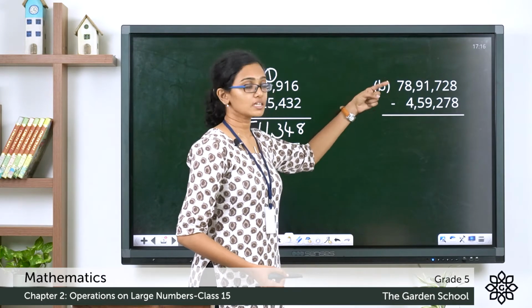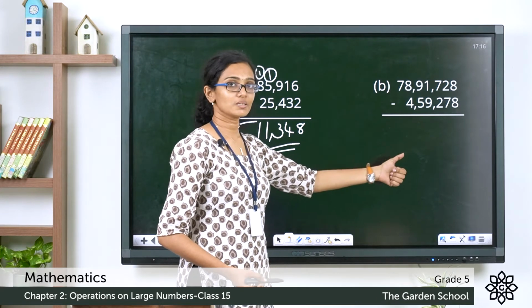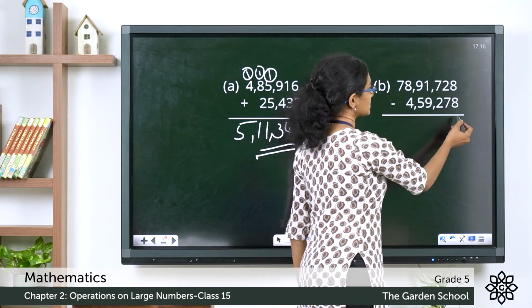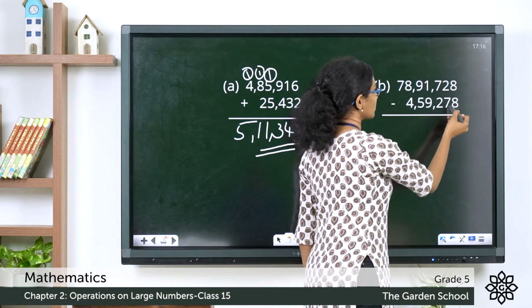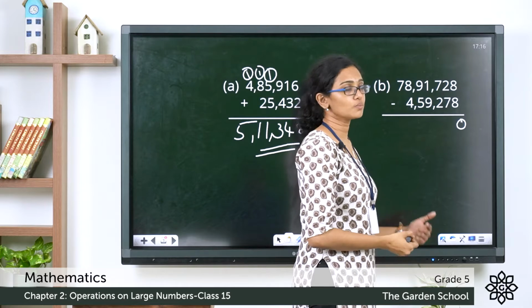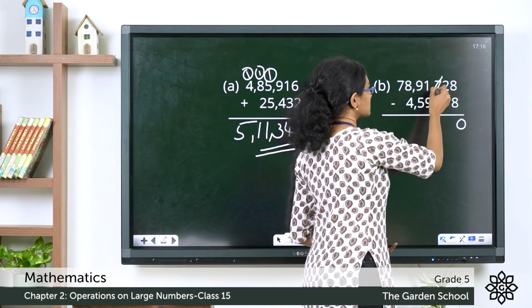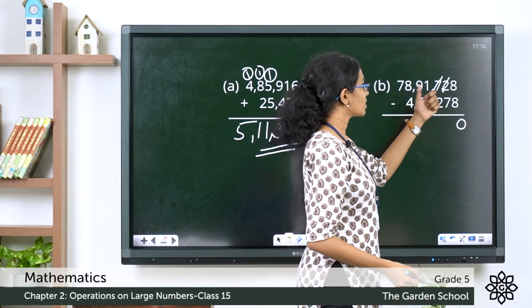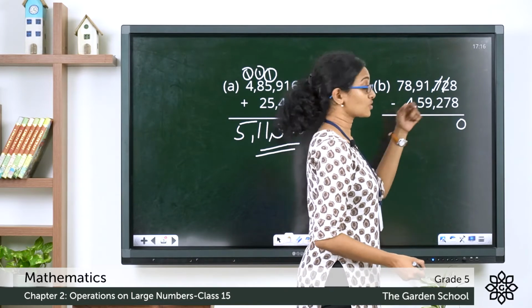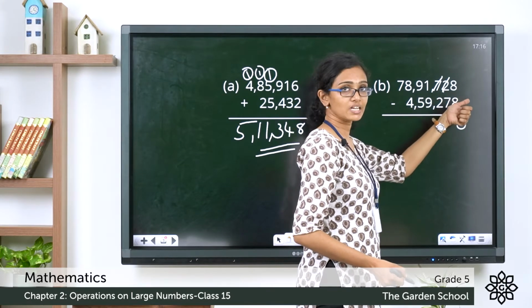Now question B is a subtraction problem. You have the minuend and the subtrahend. Let's do the subtraction now. So 8 minus 8. 8 ones minus 8 ones equals 0. Now you cannot do 2 minus 7. So you borrow 100 from the 700 and give to the tens place. So now in the tens place you have the 10 tens from the 100 you borrowed.